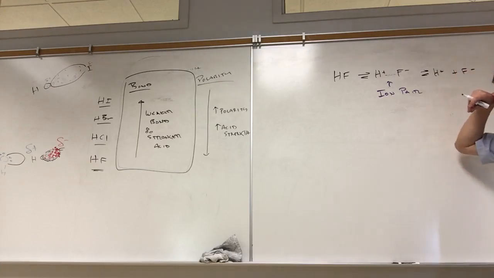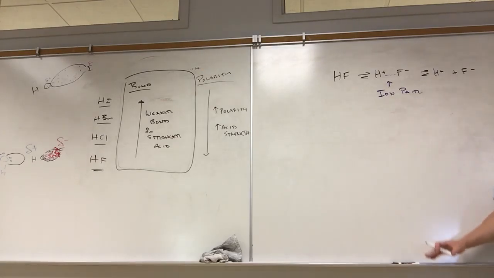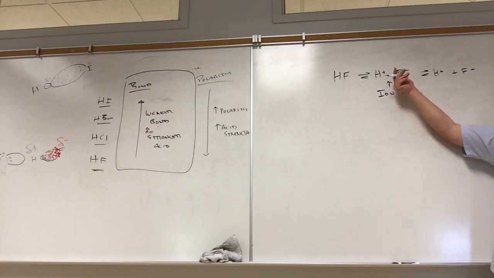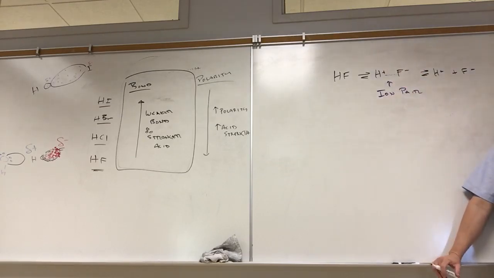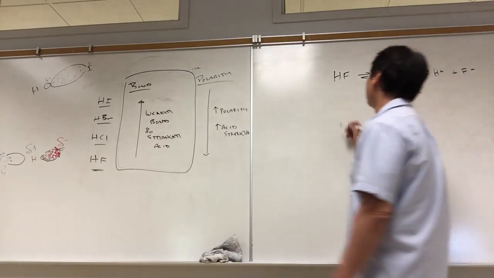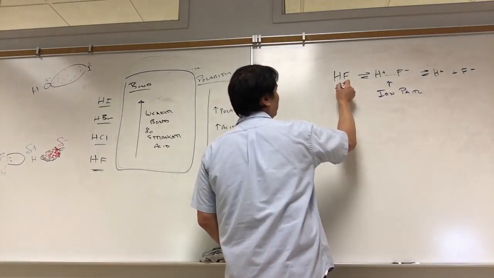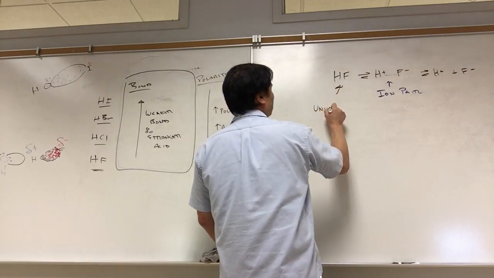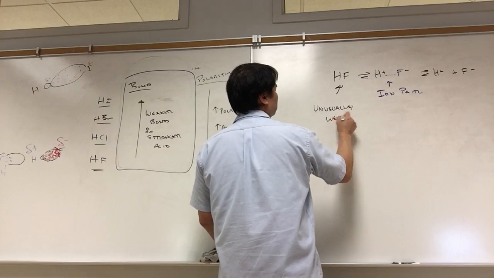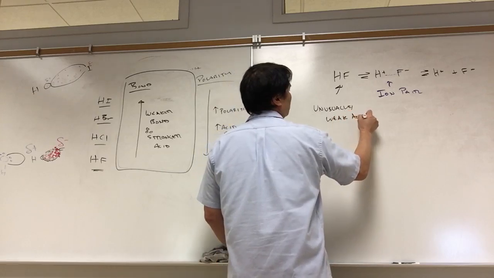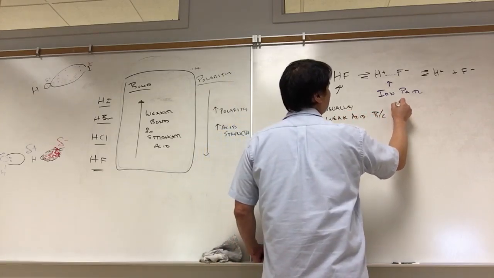And so there's an additional collision required for that to happen. Whereas chloride doesn't really have a big ion pairing problem because chloride's not as concentrated as far as negative charge density goes as fluoride is. And so HF is unusually weak, an unusually weak acid because of ion pair formation.